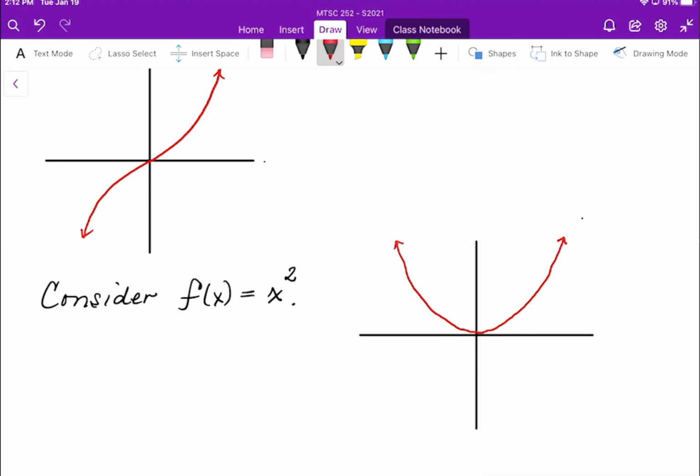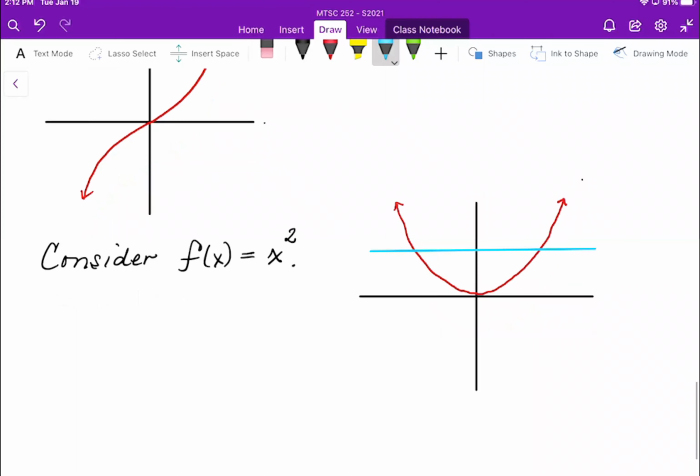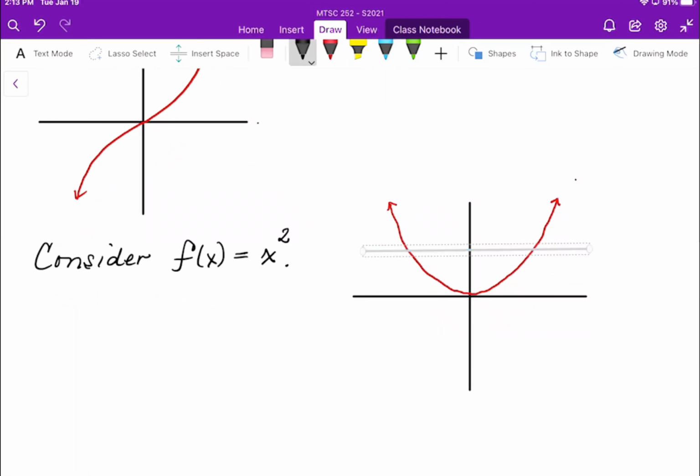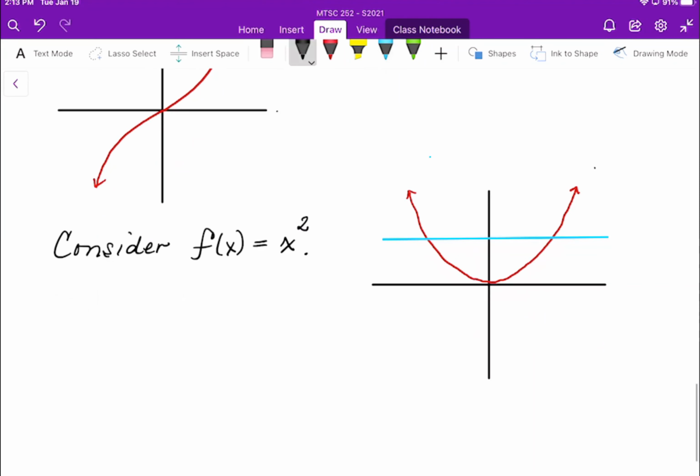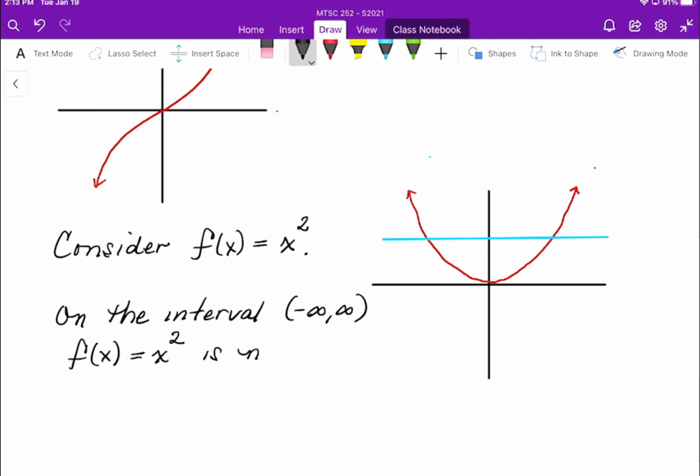If I draw a horizontal line, we can see that f of x equal to x squared is not one-to-one.